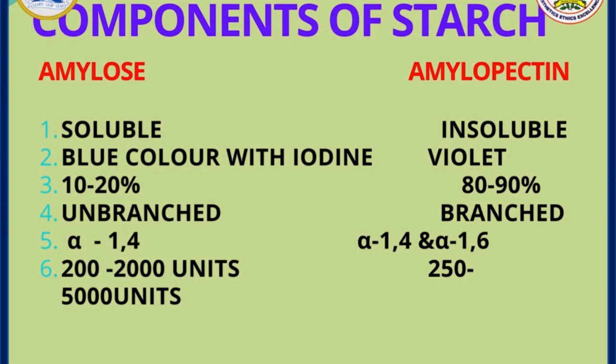Whereas amylopectin is insoluble in water and forms violet color with iodine. It forms the major component of starch, nearly 80 to 90%. It is a branched structure formed of alpha 1,4 and 1,6 linkages. In the iodine test, it forms a deep intense color.